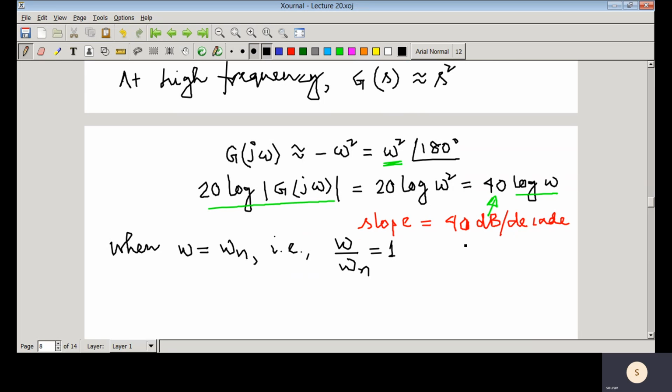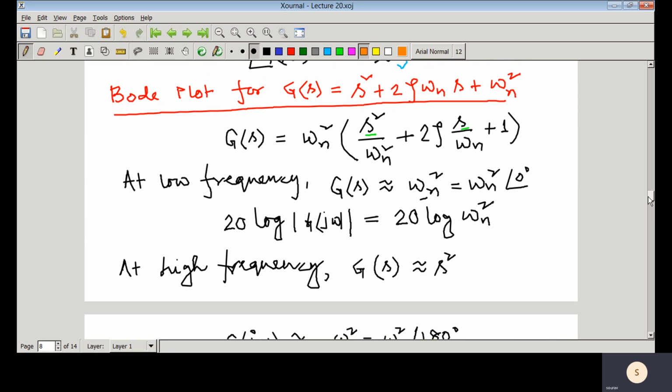So low and high frequency, this is the high frequency one, that would be omega n square. And in the low frequency, G(s) equal to omega n square.